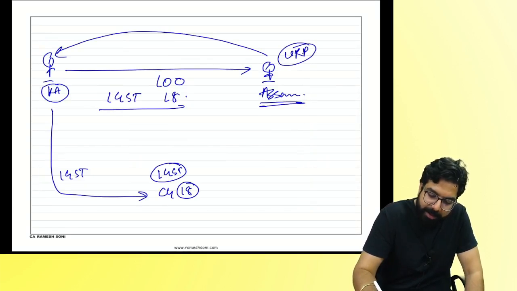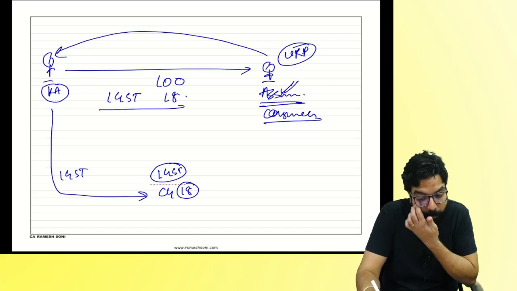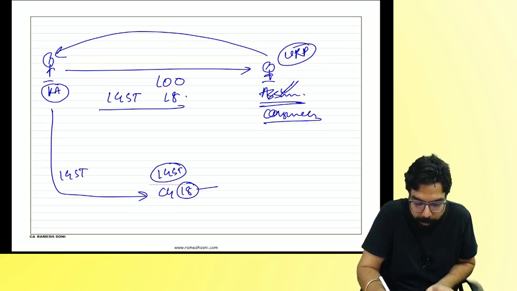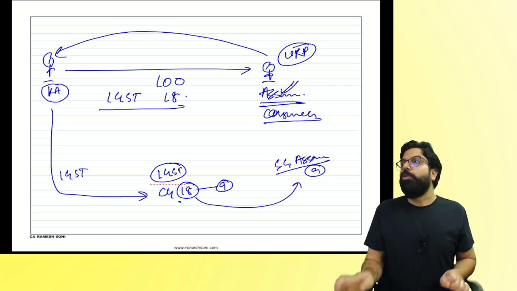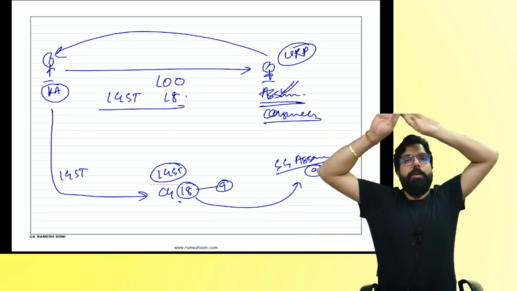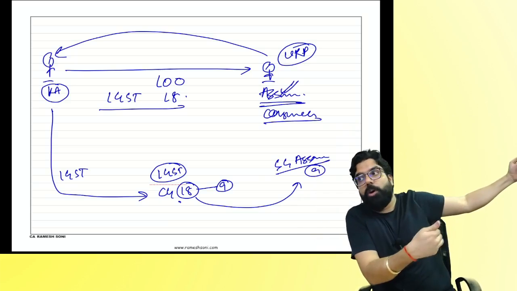Unregistered person. It means he is a consumer. It means consumption happened in which state? The central government will immediately keep 9 rupees and give 9 rupees to the state government of Assam. So whenever a transaction from one state to another happens, what will I collect? IGST. I will give it to the central government.